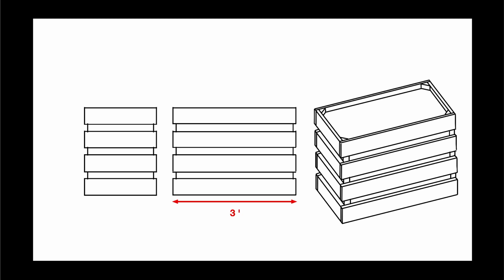Let's make our box 3 feet long and 1.917 feet or 21 inches wide, and 1.542 feet or 18.5 inches high. We'll make the boards 0.250 feet or 3.5 inches wide and 0.083 feet or 1 inch thick.